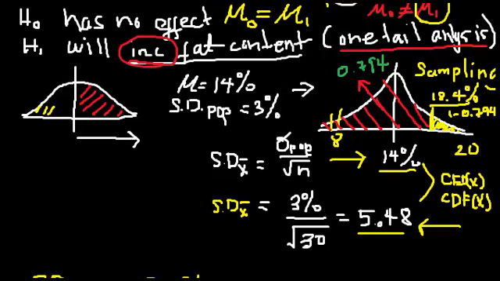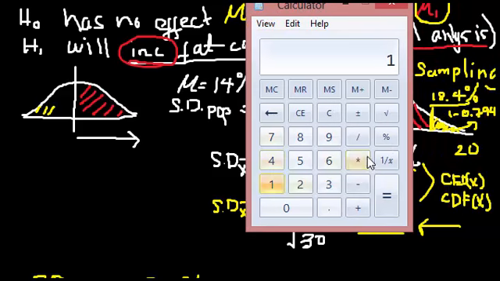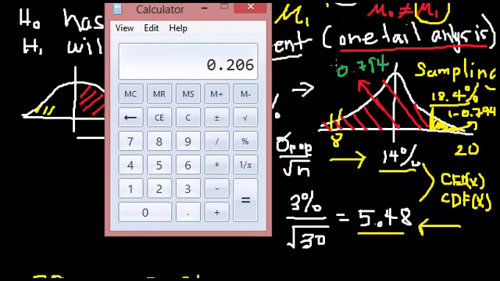And hence the probability of a value 18.4% or more happening is, using a calculator, let's say 1 minus 0.794, which is around 20%.